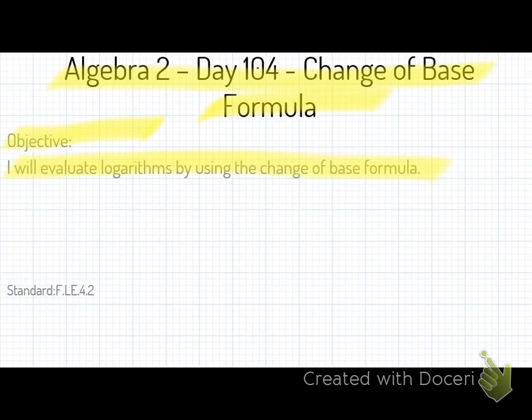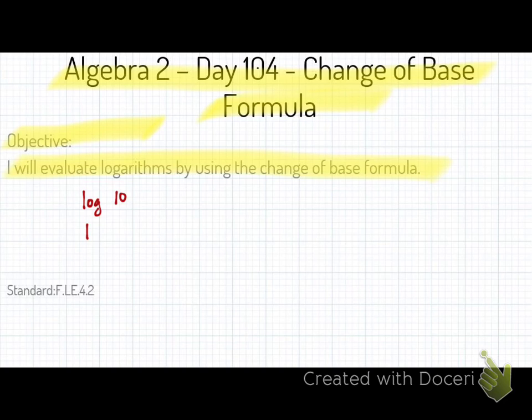Okay? So let's think about where we've been so far with exponential and logarithmic equations. The other day when we started, we said log of 10. What's log of 10 equal to? 1. What's the base in this log? 10.